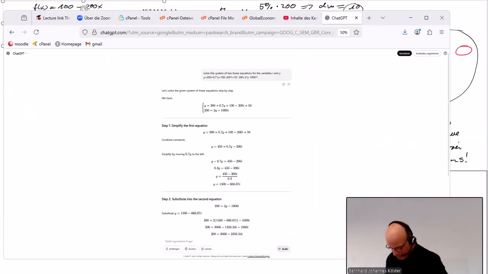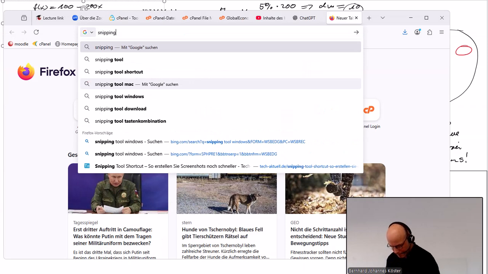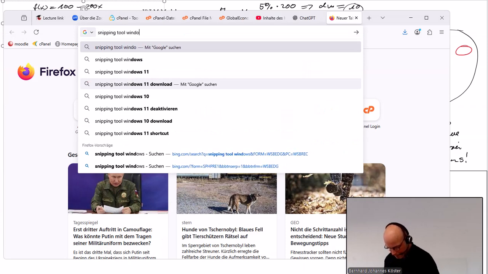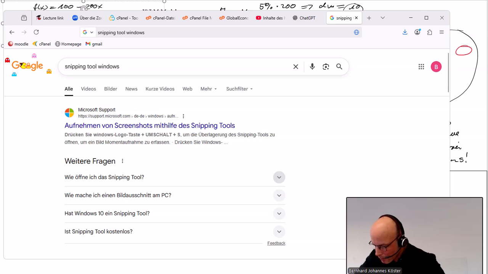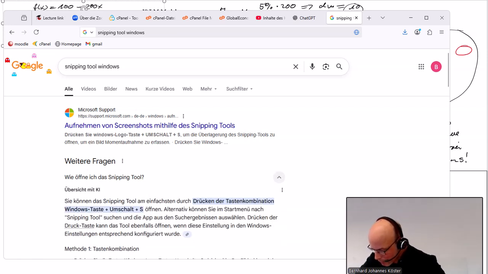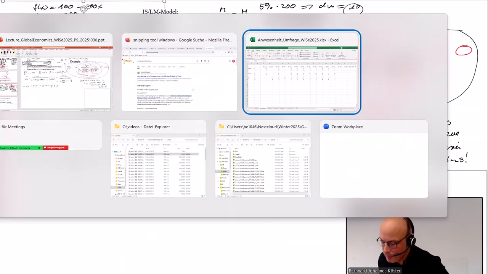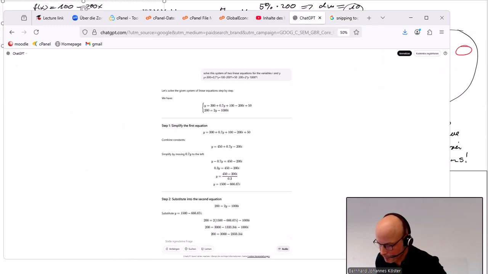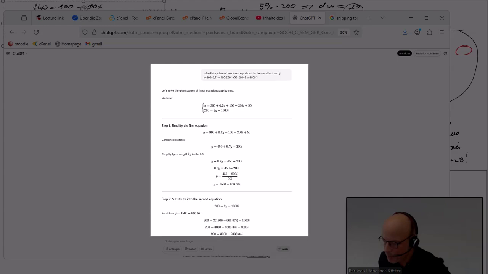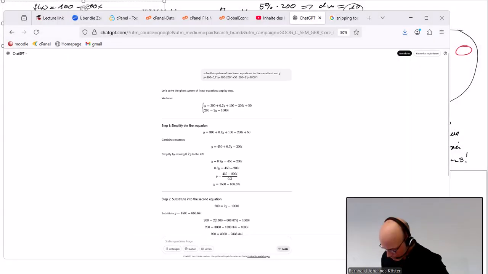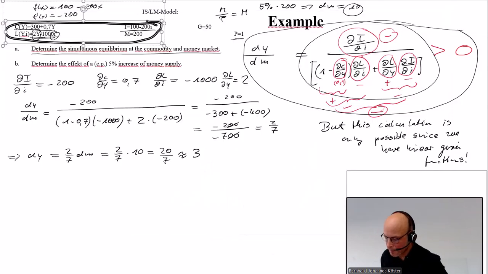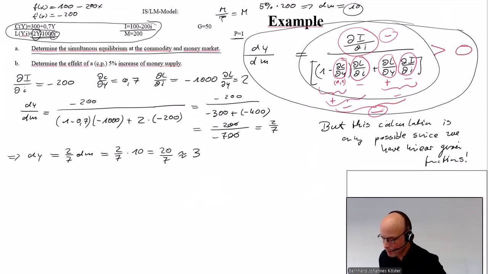Again, I have to look it up. Windows Umschalt S. There it is. And here.